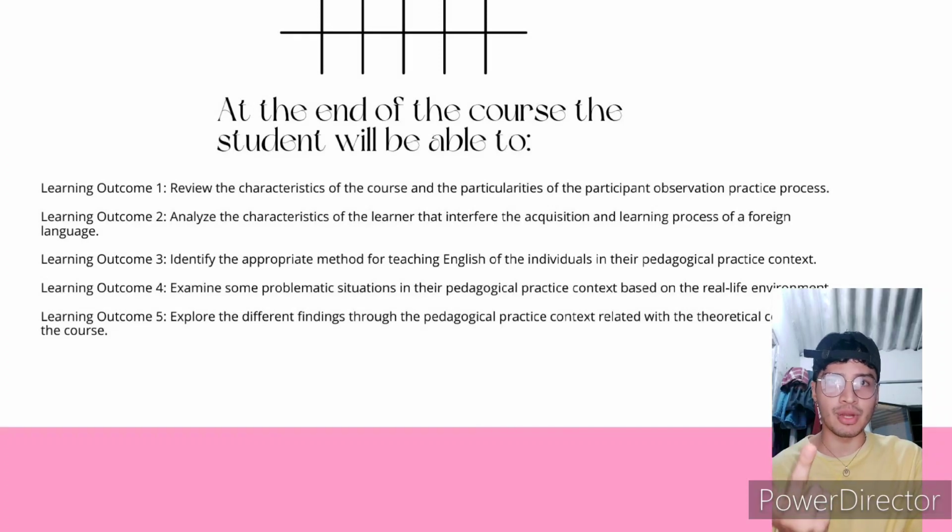Learning outcome 3, identify the appropriate method for teaching English to individuals in their pedagogical practical context. Learning outcome 4, examine some problematic situations in their pedagogical practice context based on the real life environment. And learning outcome 5, explore the different findings through the pedagogical practice related with the theoretical contents of the course.